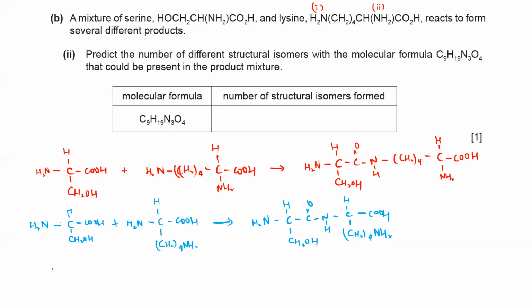So I'll still draw serine on the left-hand side, but of course now I'll be flipping this molecule so that NH2 is now on the right-hand side, facing the COOH functional group of lysine. H2, CH2, 4, and H2. Now I'll get another amide.